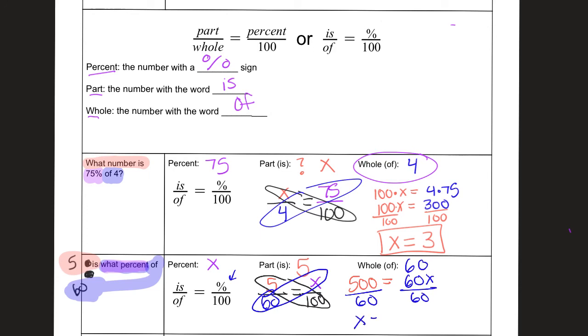I get that x equals 8.33 repeating percent. So 5 is about 8% of 60. So I hope that was a good refresher on percent of a number and percent change. If you have any questions, as always, let me know, and have a mathematical day.